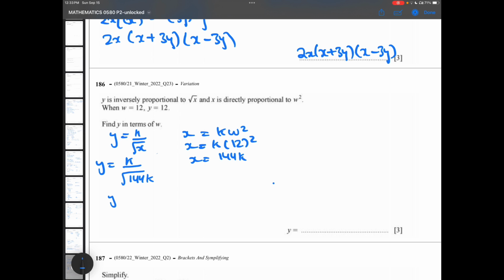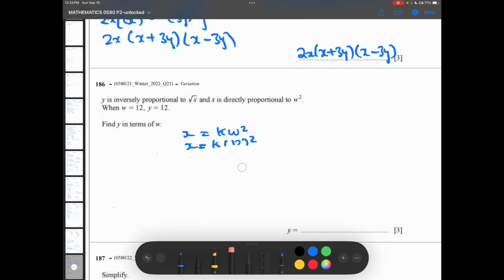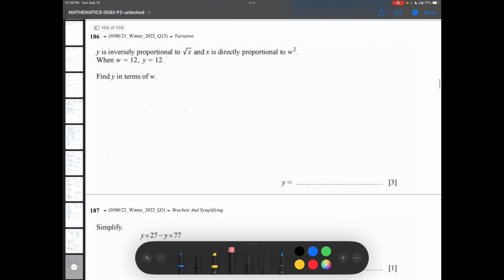This becomes y is equal to k upon 12 square root k. I have made some mistake over here, so I will be solving this part at the end of my video.